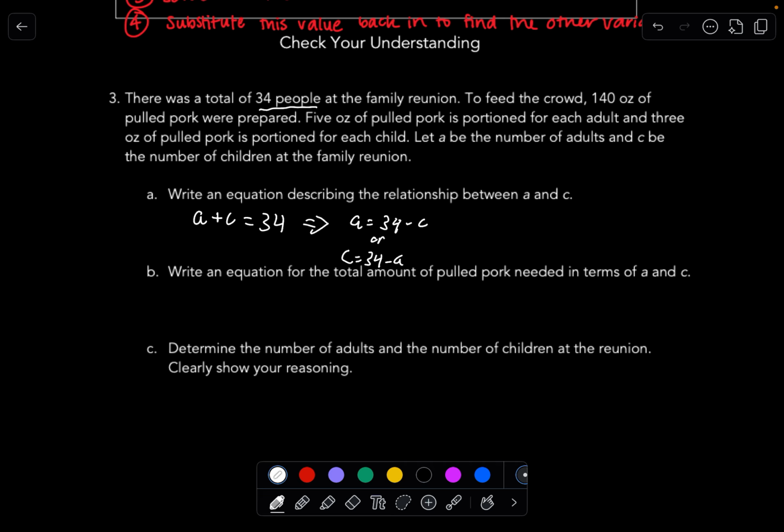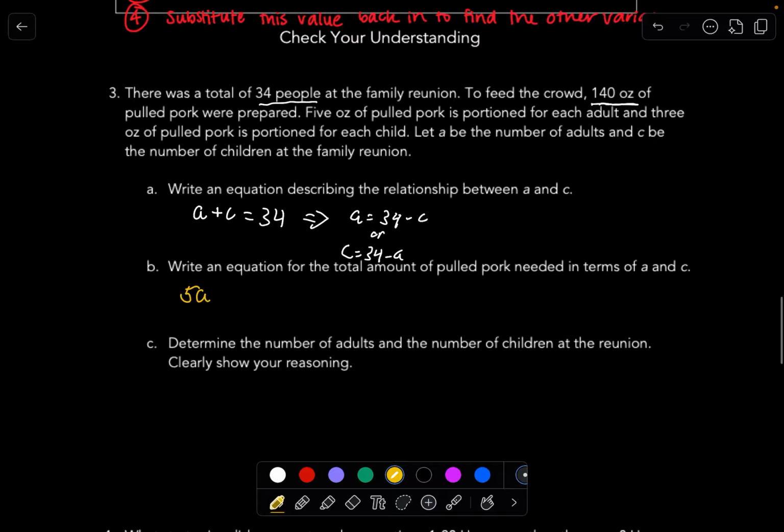Then write an equation for the total amount of pulled pork needed in terms of A and C. Well, the total amount is 140 ounces of pulled pork, as portioned out. 5 ounces of pulled pork is for each adult, so that would be 5 times A, that's the total amount of pulled pork for adults, plus 3 times C, that's the children's total.